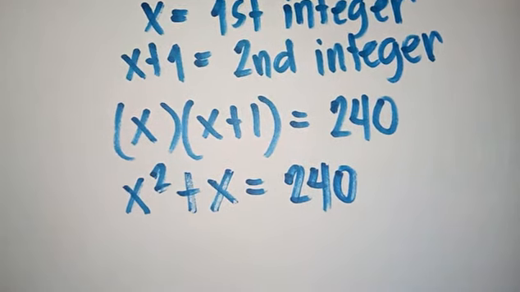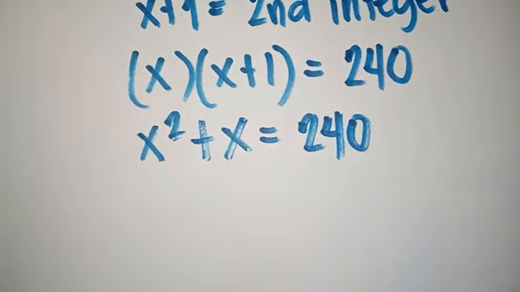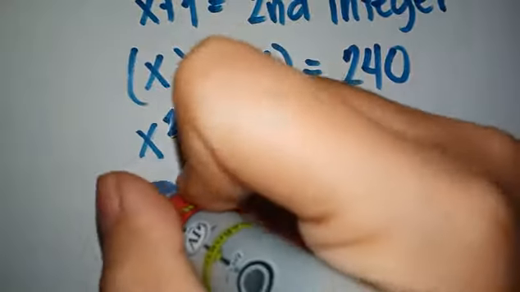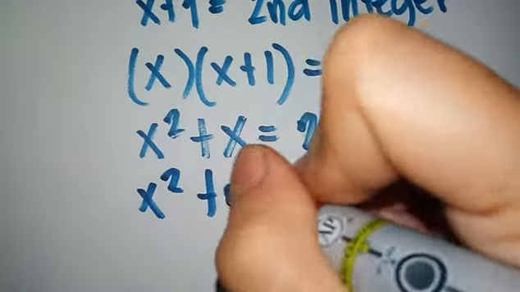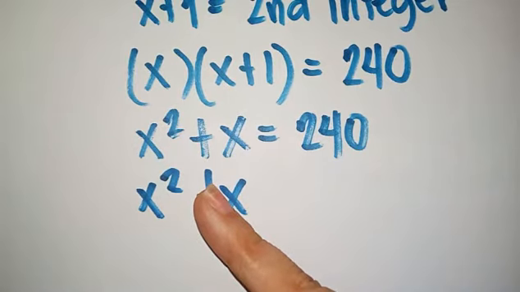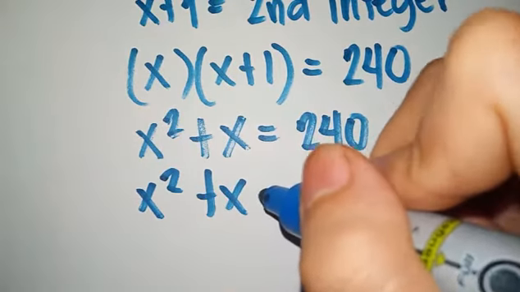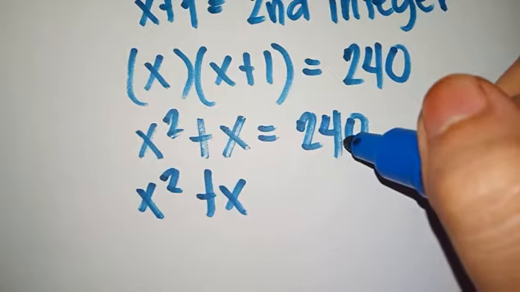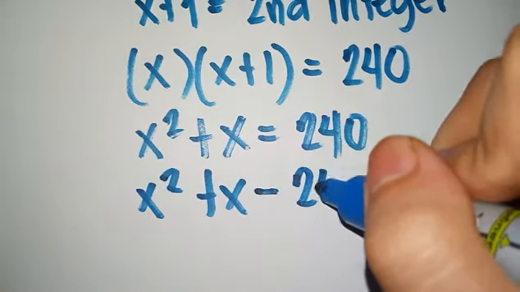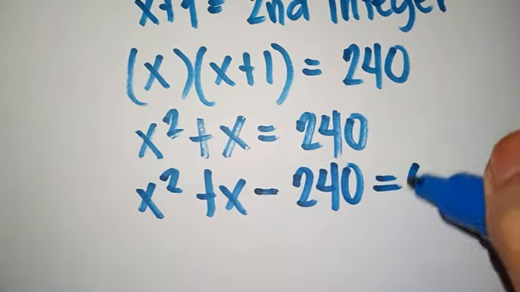Next, i-arrange natin siya into descending order or ilalagay natin siya sa ating general form na ax squared plus bx plus c. So, ito ay copy lang natin plus x. Yon, itra-transpose na natin doon and i-equate na natin siya sa 0. So, positive 240 will become negative 240 is equal to 0.